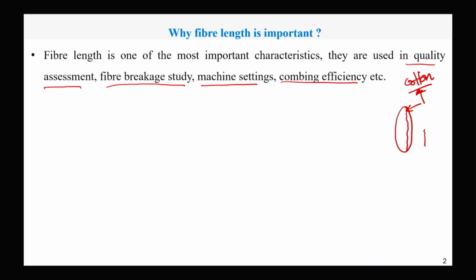And also, suppose two fibers, fiber A is a long fiber, fiber B is a short fiber, and we are trying to produce yarn of the same count.